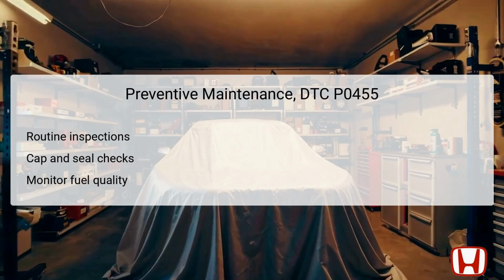Additionally, keeping an eye on fuel quality is important. Always consider the volatility of fresh fuel and how it can impact the EVAP system. Implementing a routine check for these elements can help mitigate issues before they escalate into serious problems, thereby enhancing the longevity of the vehicle.